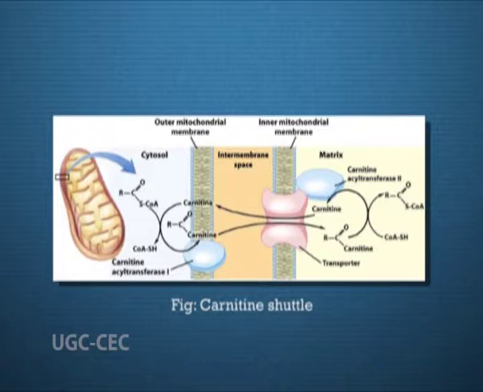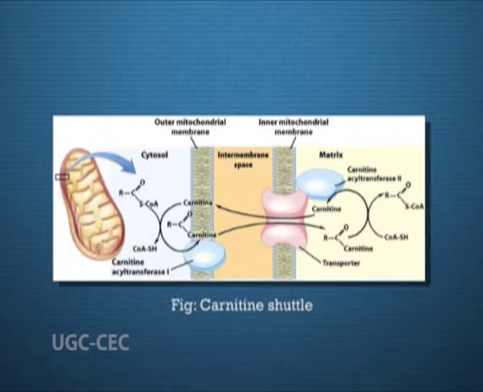This transesterification is catalyzed by carnitine acyl transferase 1 in the outer membrane. Either the acyl-CoA passes through the outer membrane and is converted to carnitine ester in the intermembrane space, or the carnitine ester is formed on the cytosolic face of the outer membrane, then moved across the outer membrane to the intermembrane space.